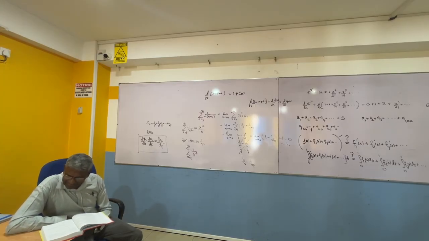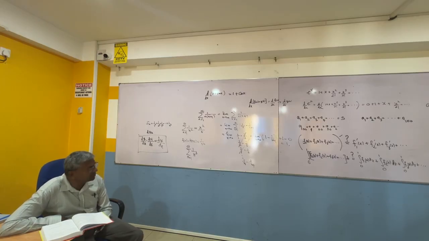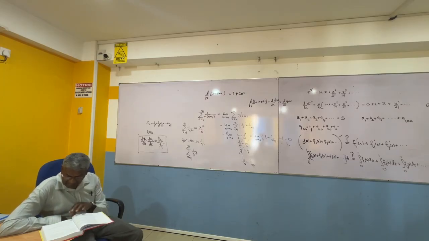A similar example arises with the series S equals 1 minus 1 plus 1 minus 1 and so on. If you put parentheses the way he has put them, you get S equals 1 minus S and hence S equals 1/2. If you don't understand what I say, you have to ask me. Then you get S equals 1/2, right?